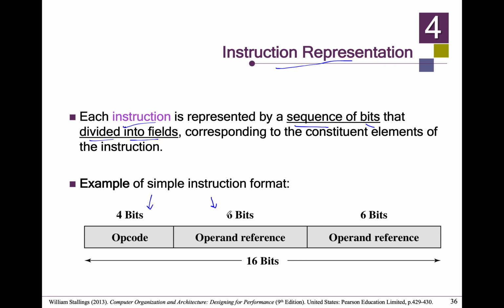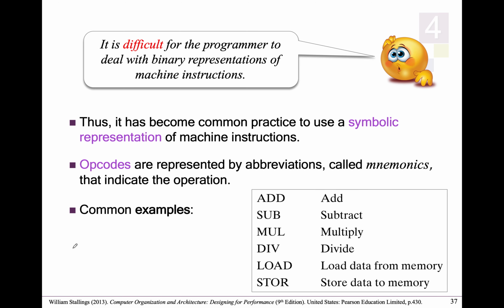Then you divide it into operand. Next, you divide it into operand also. But this one, of course, like source, destination, and then you have the operations. This example is for 16-bit. So it depends on how many bits are occupied by your instructions.